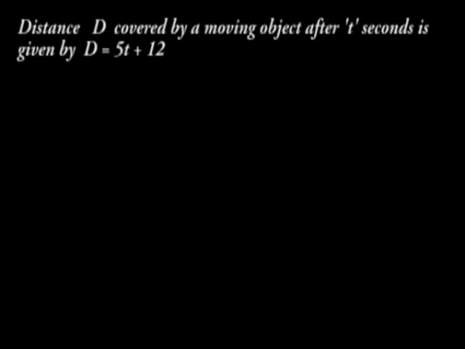Differentiation in kinematics. Velocity. Assuming the distance d covered by a moving object after t seconds is given by d is equal to 5t plus 12. Recall that y is equal to mx plus c, where m is the gradient.